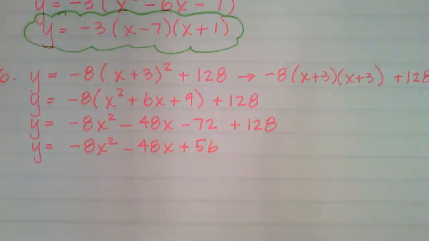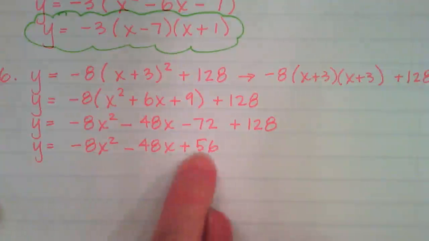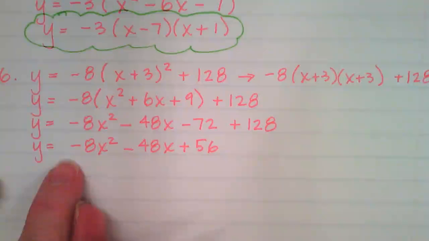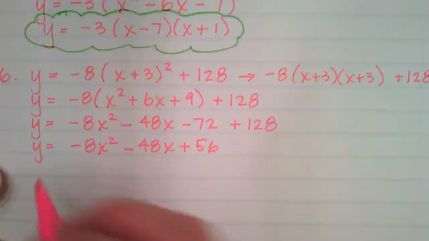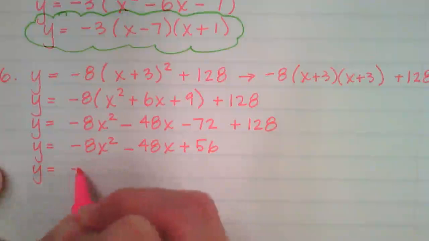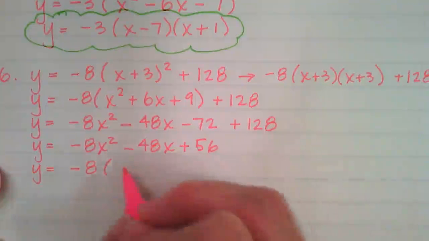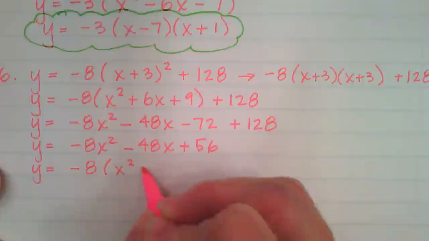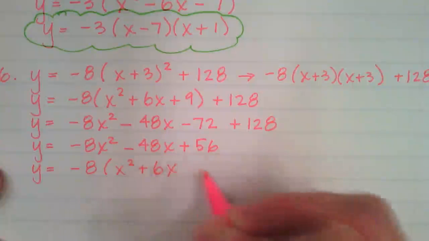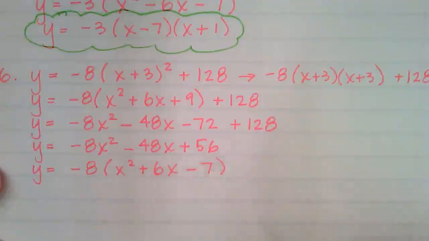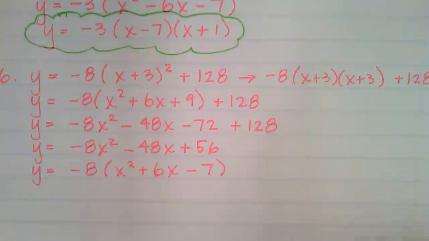All right, now I want intercept form, so that means I need to factor. So I need to factor this trinomial. First thing we do is look for a GCF, and I see a GCF of -8. So I'm going to take out a -8, which would leave x squared plus 6x minus 7. Well, this is almost exactly what we just had in the last problem.